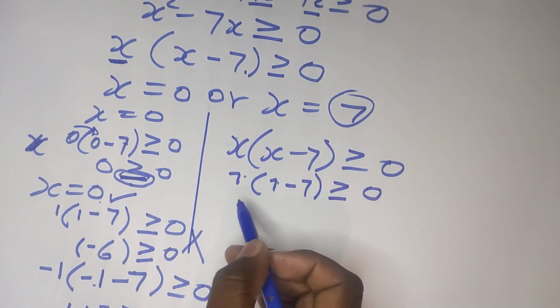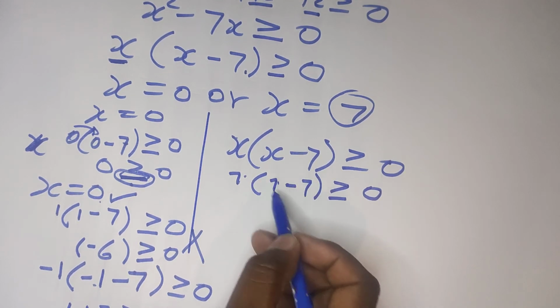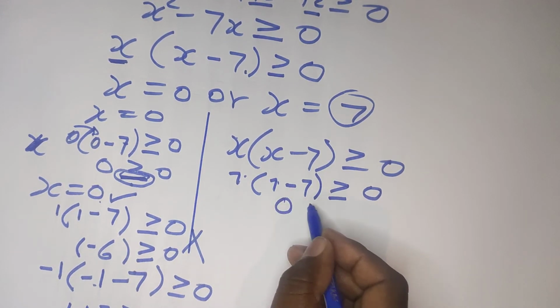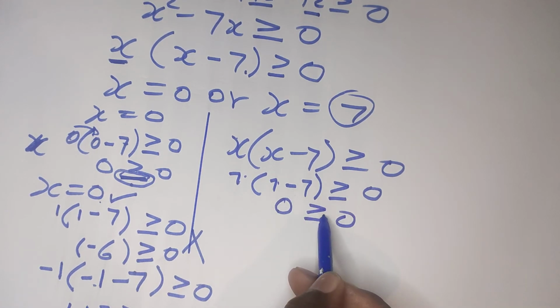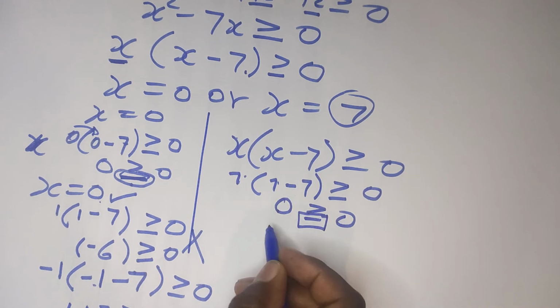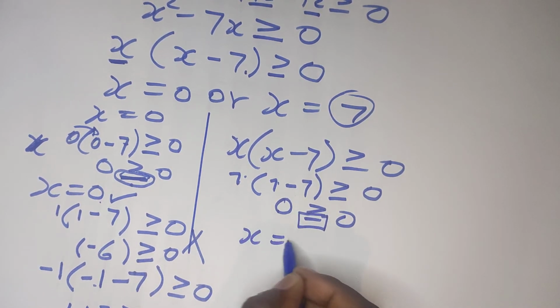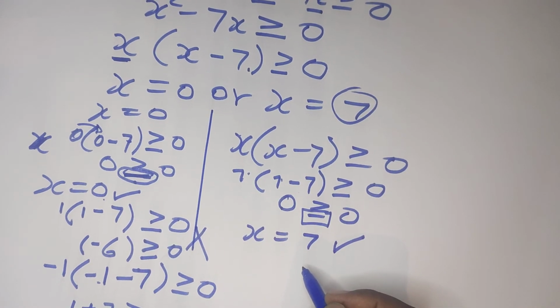If you multiply these two, you get 0, so 0 is greater or equal to 0. You can see that this 0 supports this part of the inequality sign. So x is equal to 7 is one of our solutions.